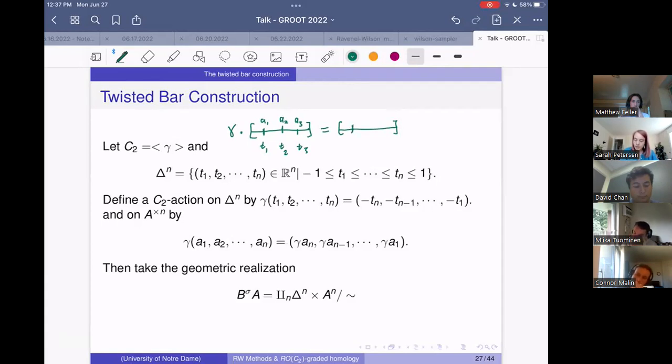So T3 is going to go to negative T3, and gamma will act on the label. T2 goes to negative T2 with our group action on the label, and T1 goes to negative T1, and the group acts on the label.